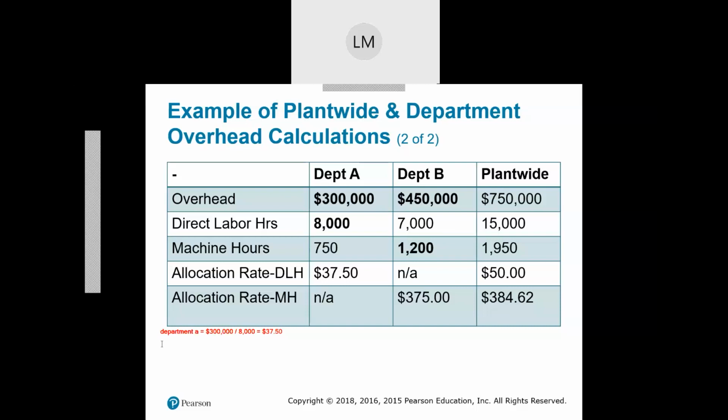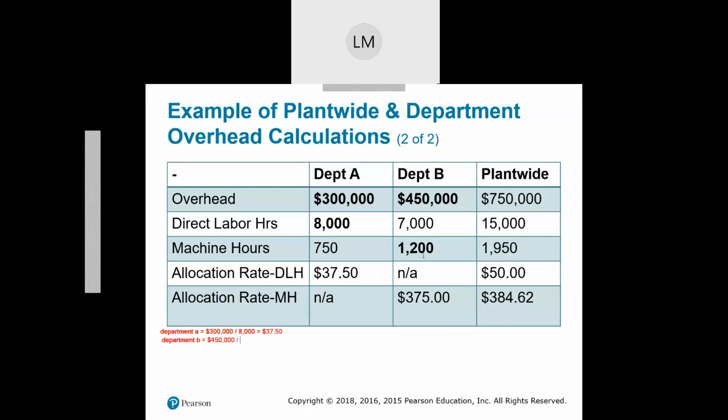Now let's take a look at Department B. Department B allocates overhead on the basis of what? On the basis of machine hours. So we have estimated overhead costs associated with just Department B of $450,000. And we're going to spread that out over our allocation base that we expect to use.